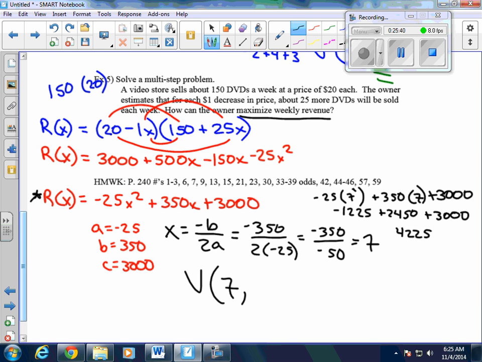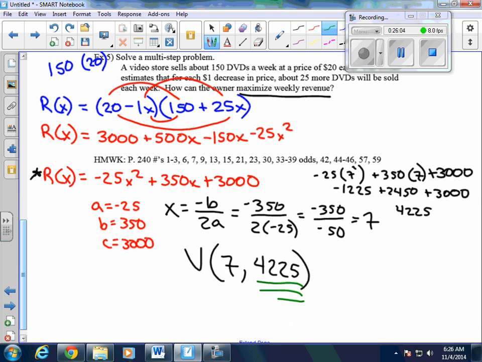So that is the y value of our vertex. We know that the maximum profit he's going to make is going to be this because that's the y coordinate of our vertex. Now we need to make sure we answer the question. It says, how can the owner maximize the weekly revenue? Well, we know that the 4,225 is the maximum they can make, so how can he do that?